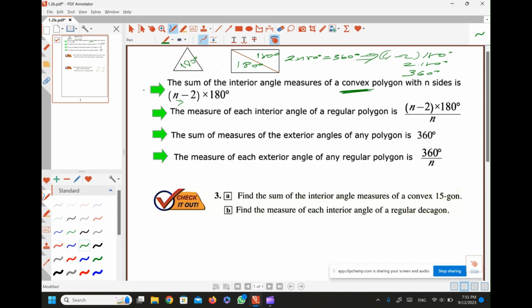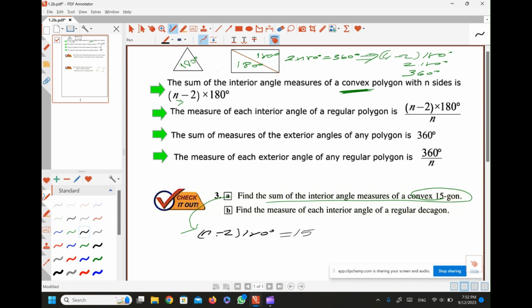So let's solve a question regarding this formula. Check out question 3a. It's asking about the sum of interior angle measures of a convex 15-gon. According to the formula, we have (n minus 2) times 180 degrees. What is our n? n is the number of sides. How many sided polygon do we have here? A 15-sided polygon.